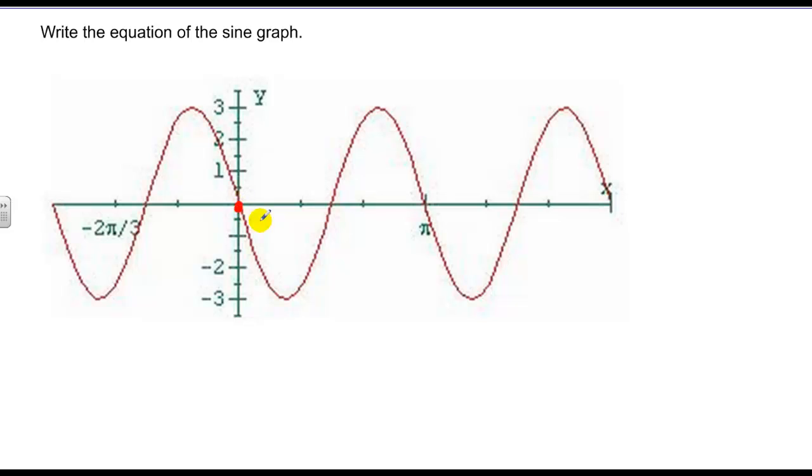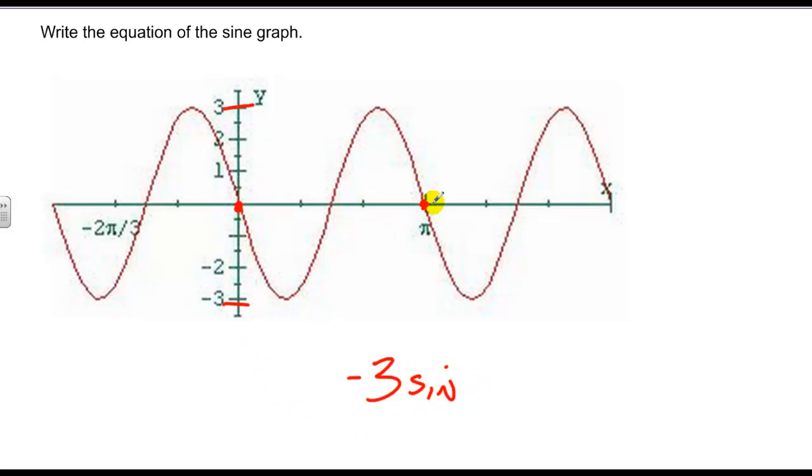So if I go from here to here, I notice this graph is going to repeat. Also, I notice that a sine graph usually goes up and down. So what this says is I'm multiplying by a negative. I'm traveling between 3 and -3, so that means I must have an amplitude of 3, but it's got to be negative, and I know it's a sine graph because they told me so.